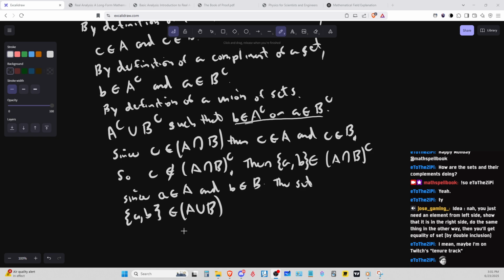I think we can say that because the union includes all the elements, including A and B, so I think that qualifies. Or maybe I should say it's a power set of the union. No, I think that may make it too complicated.